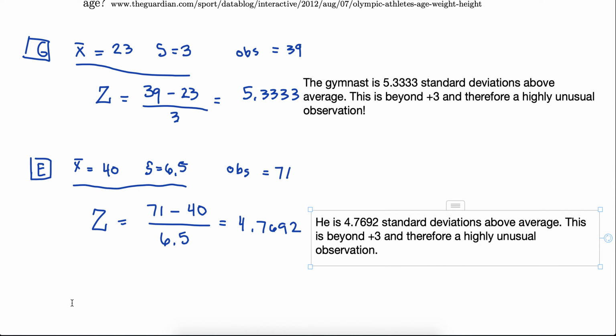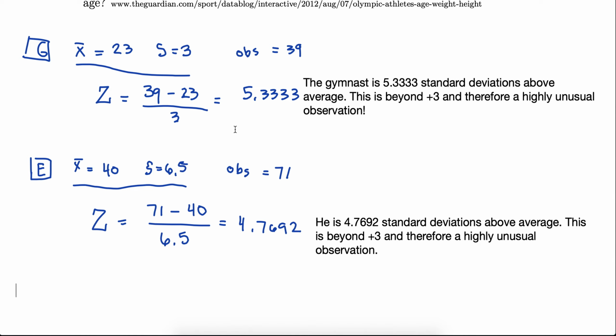So kind of to answer the last question here, which of these two athletes is older relative to their sport? Hopefully you're thinking the gymnast. His z-score, he is further above average for his sport. So even though he's younger overall, 39 versus 71, gymnasts have a very short career and they start off a lot younger. There's a lot more variability in equestrians with a much higher average age.